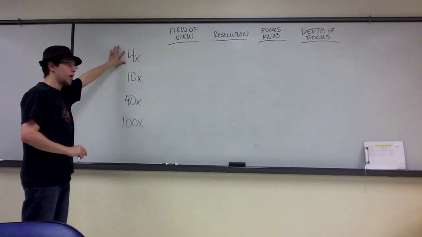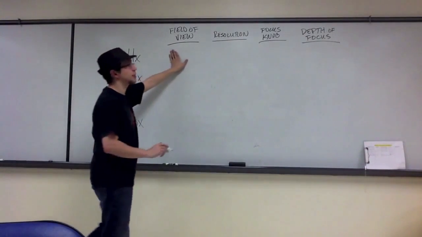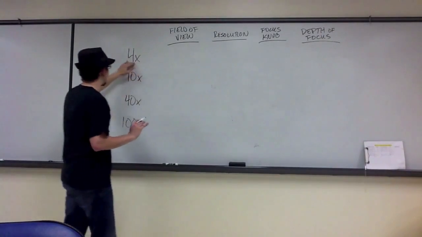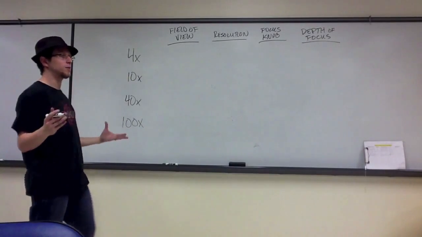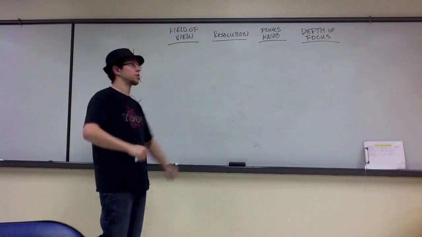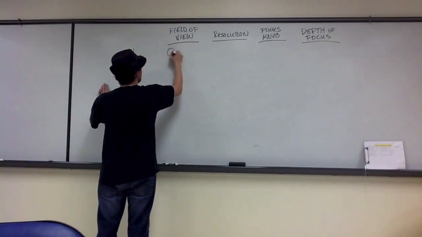Okay, so as we move from 4x to 100x, we increase magnification. Now, field of view is how much of the surface area of the slide you can see using each of these objectives. So the objective that has the greatest field of view, that is, lets you see the most of the surface area of the slide, is going to be the 4x objective.